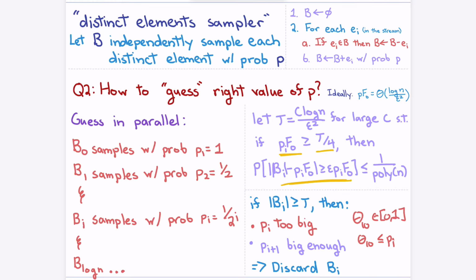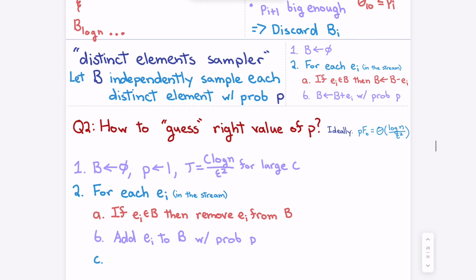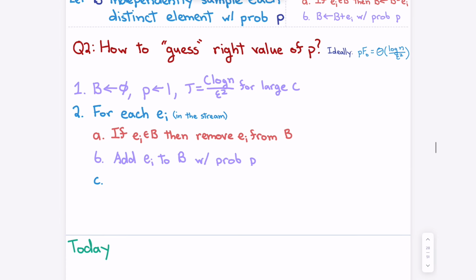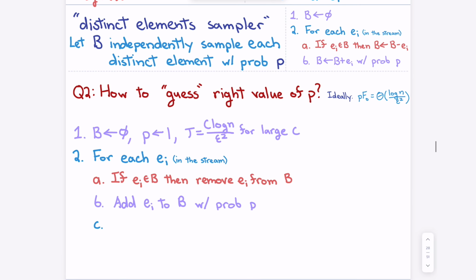That'll make it easier to interpret this slick version of the algorithm, which comes back to the original suggestion. I'll start with an empty buffer or set and probability 1. As elements come in, I add each to my set B with probability p. This is the same as just a sampler from before.